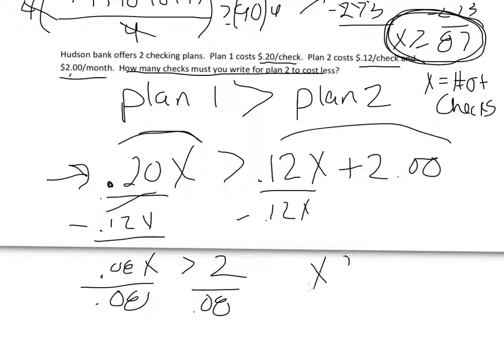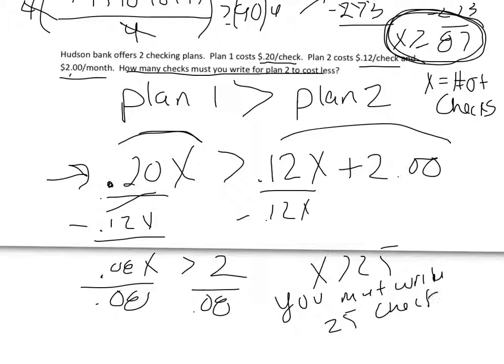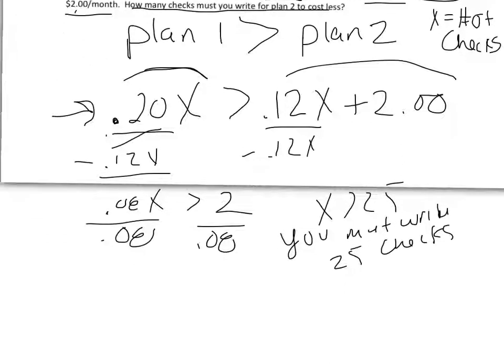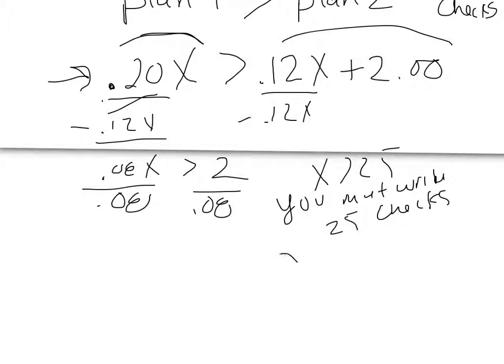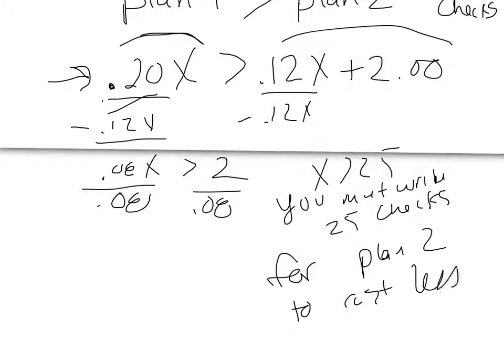So x is greater than 25. So you must write more than 25 checks for plan 2 to cost less.